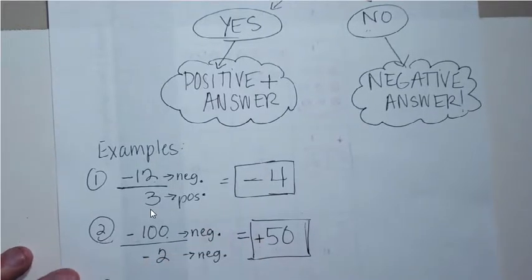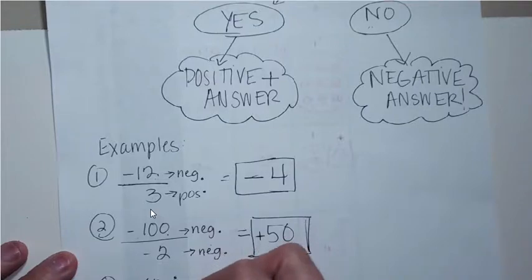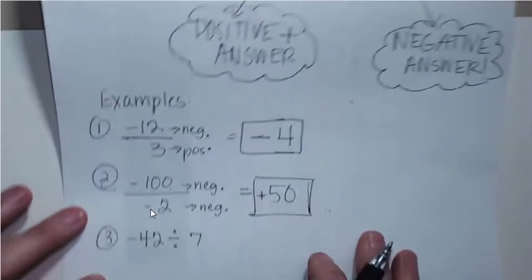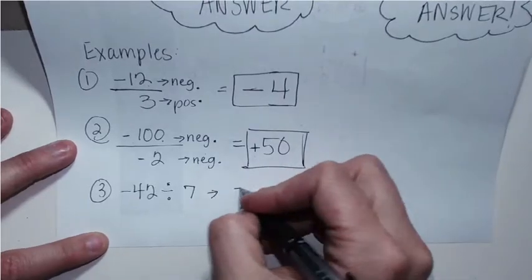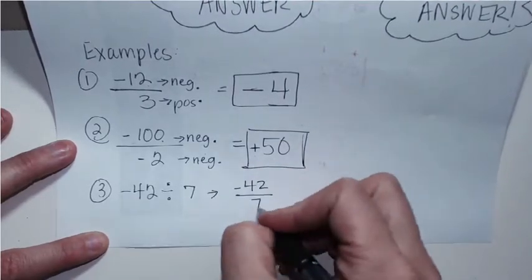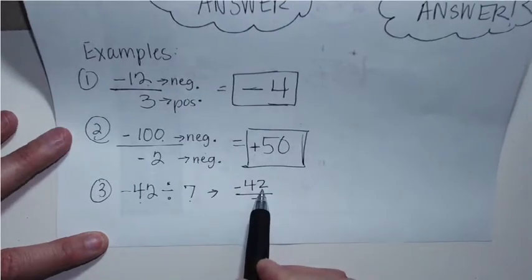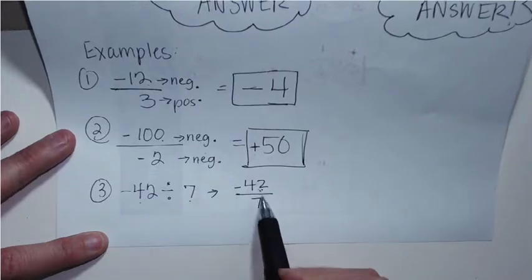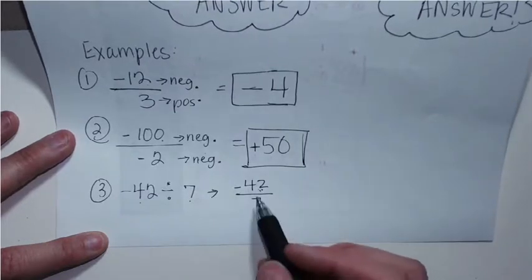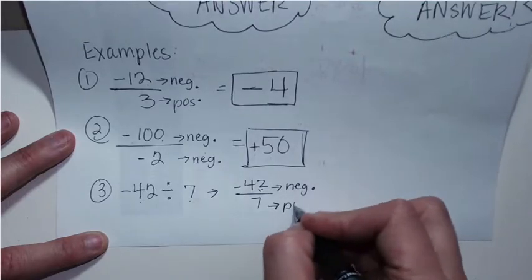Let's say we have negative 42 divided by 7. Remember, we can write this as a fraction. This is our numerator, this is our denominator, so this is the one that would end up in the house. This is our dividend. This is our divisor. Here I have a negative and a positive.